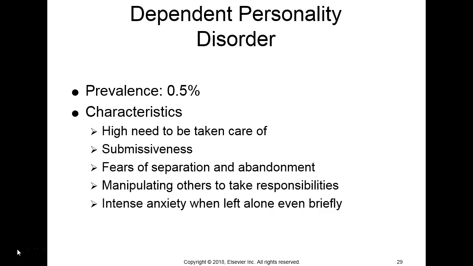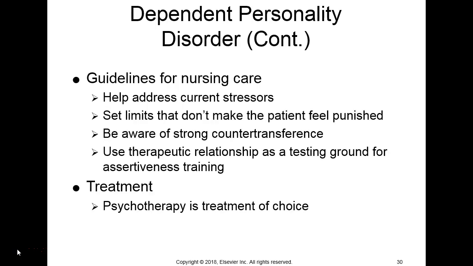People that get into domestic abuse situations, not everyone perhaps, but might have this personality disorder because of the high need to be taken care of and to be dependent on somebody else, and being submissive and not getting your own needs met, but just trying to make sure other people's needs are met. And that fear of separation and abandonment would make it very difficult for somebody to leave a domestic violence situation.